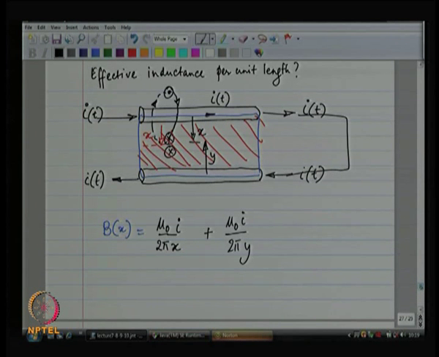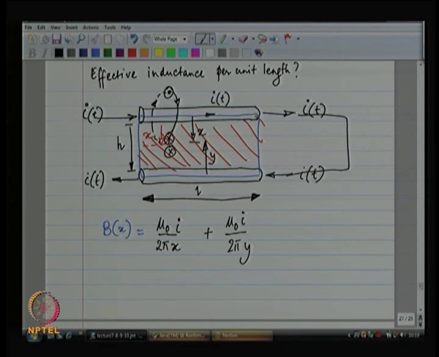Now, the length of this is L, okay, and let us say the bottom wire is at a distance h from the top wire.